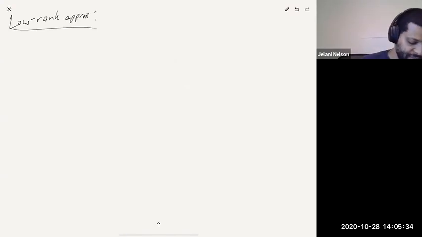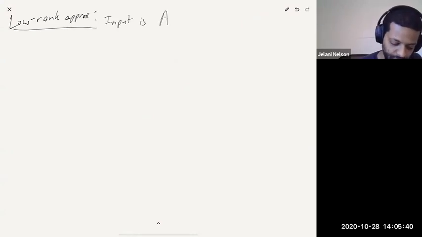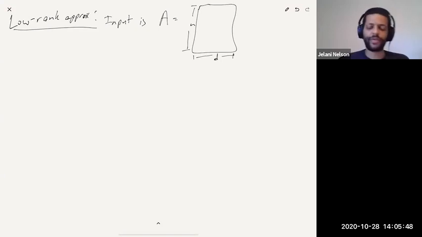Given as input is a matrix A, which again I'll think of as n by d. For the speedup we got for regression, we assumed that the matrix was lopsided so that n was much bigger than d. Here, it's not going to matter so much. You can use sketching for faster low rank approximation, even for square matrices.